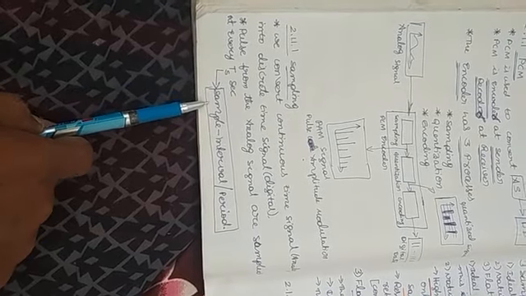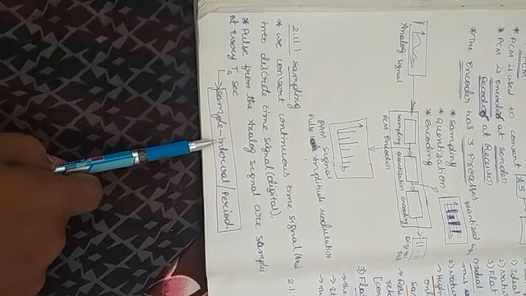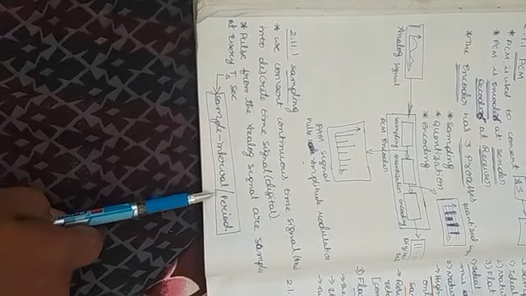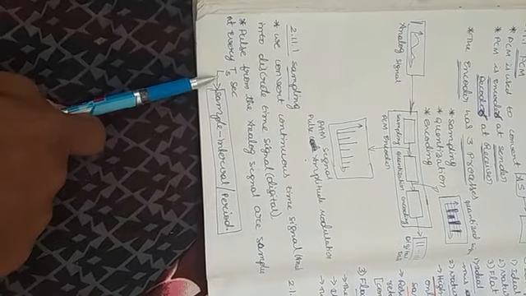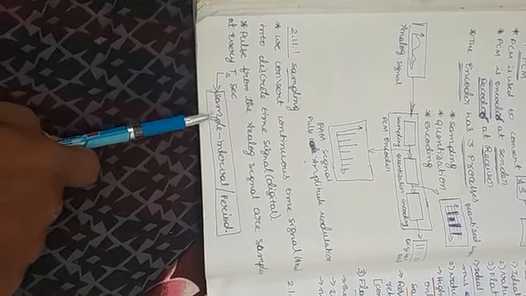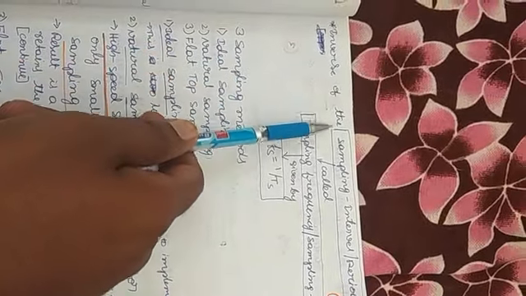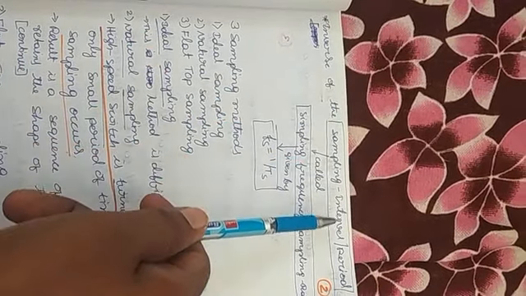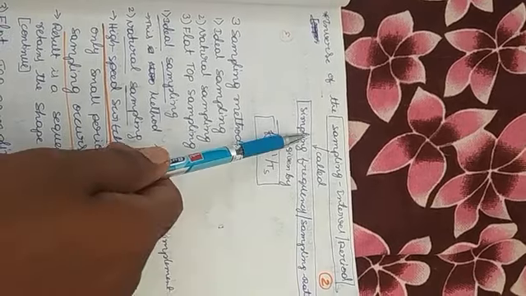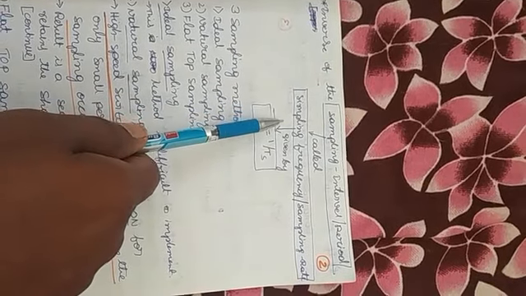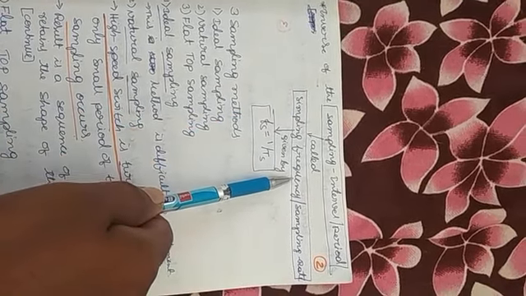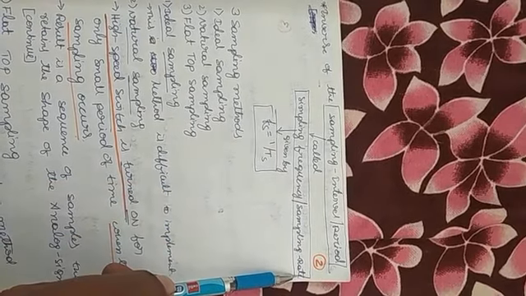It is called the sample interval or period. Here the inverse of the sampling interval or period is called the sampling frequency or sampling rate.